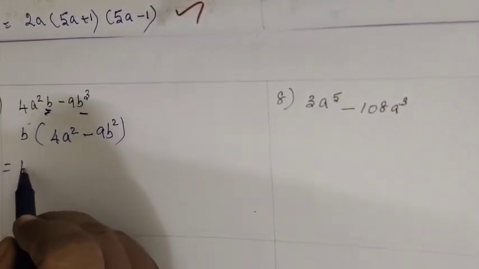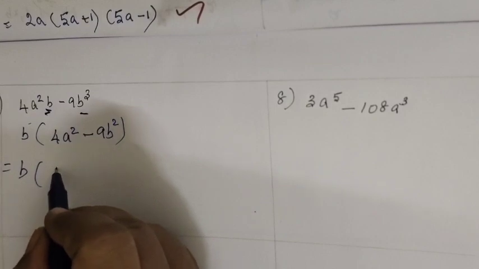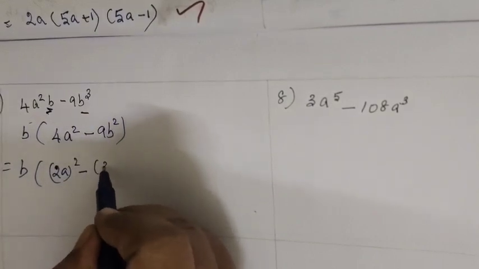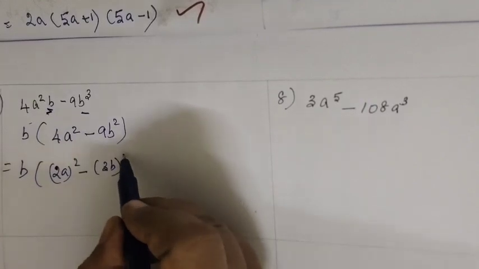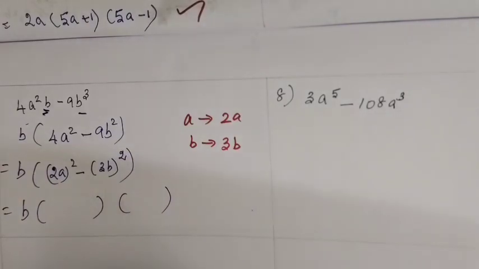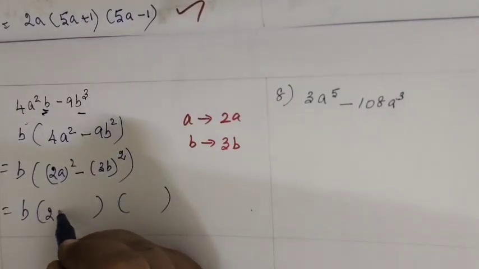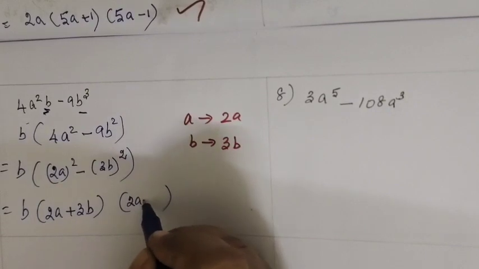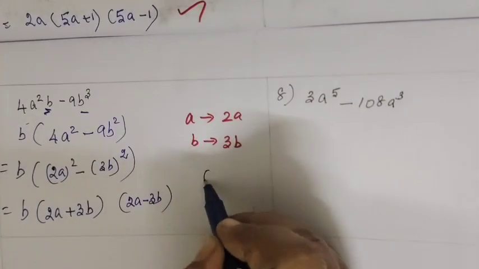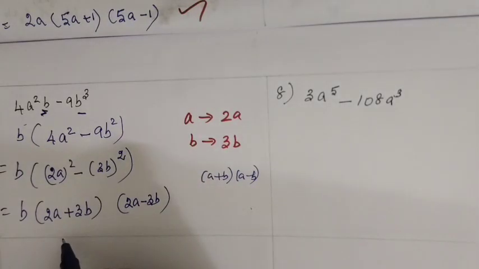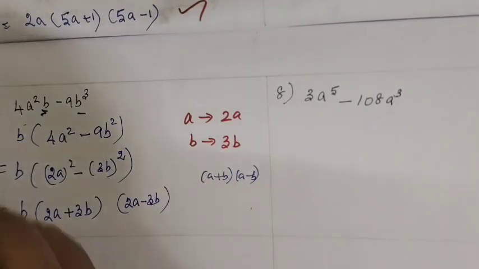So equal to 4a squared can be written as 2a the whole square minus 3b the whole square. So this a minus b. So a plus b, a minus b. So that's all the answer.